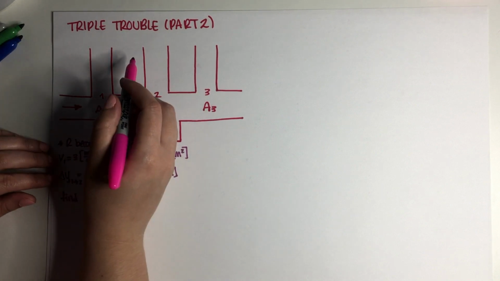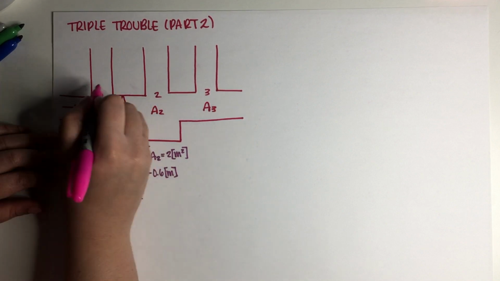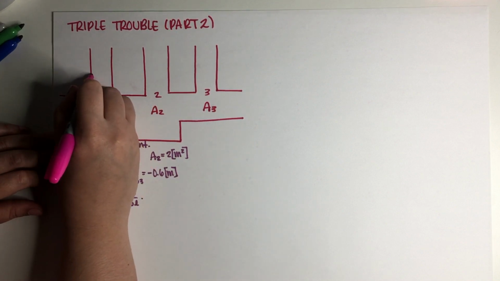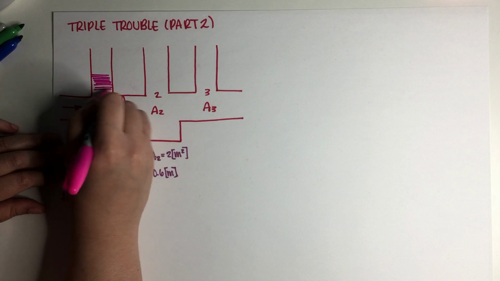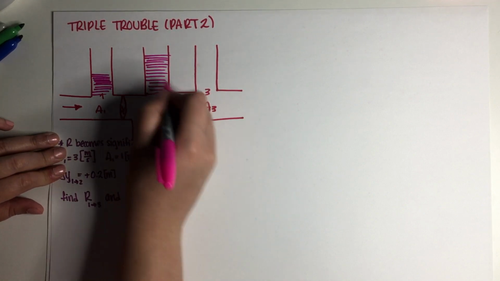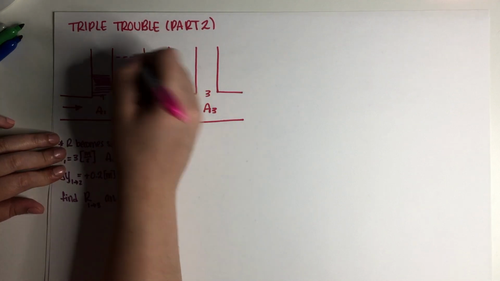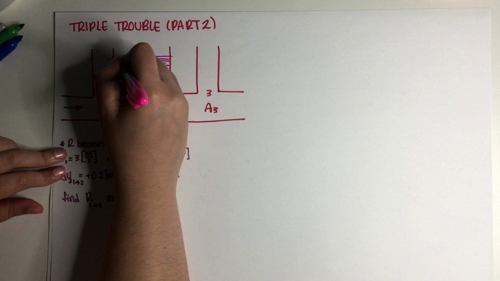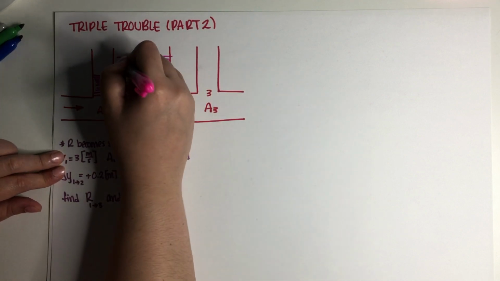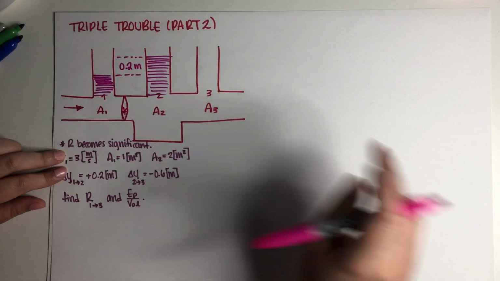So now we know that, okay, let's just say we have this water level and this water level over here, and this is 0.2 meters of a difference going from here to here.